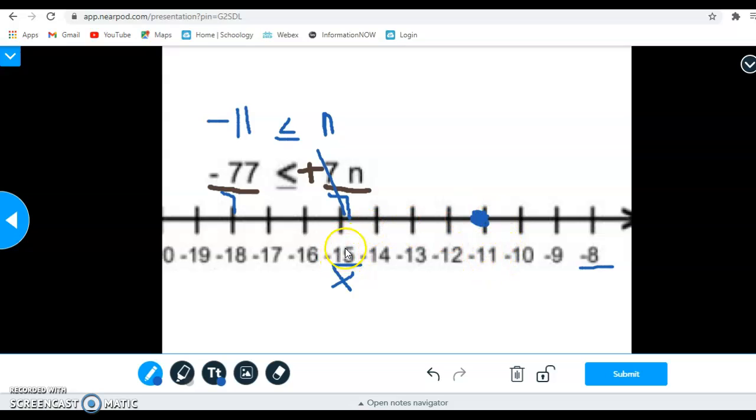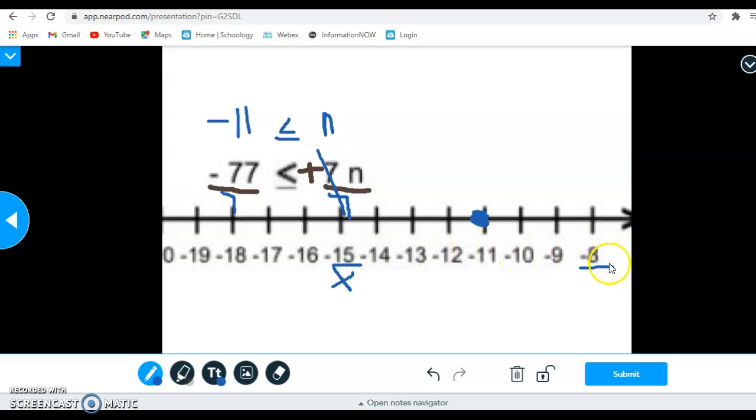We have to travel to the right, which means this number is getting larger to get to negative 11. So we can't use negative 15 because it doesn't work. Negative 11 is not less than negative 15.